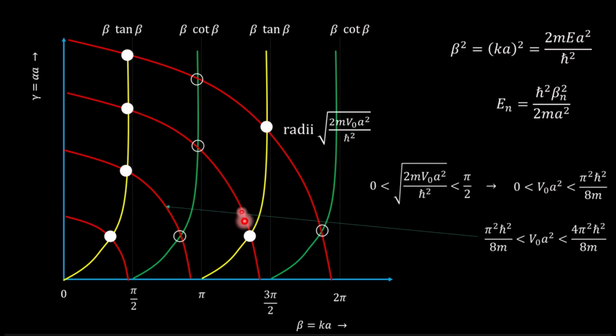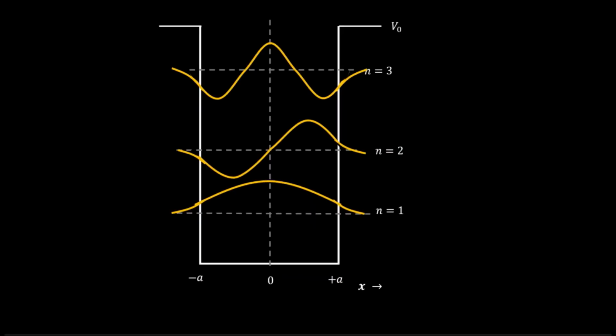There will be three energy values for the next one and four energy values for the next one, and so on. The first three bound state eigenfunctions, if you plot, look like this.